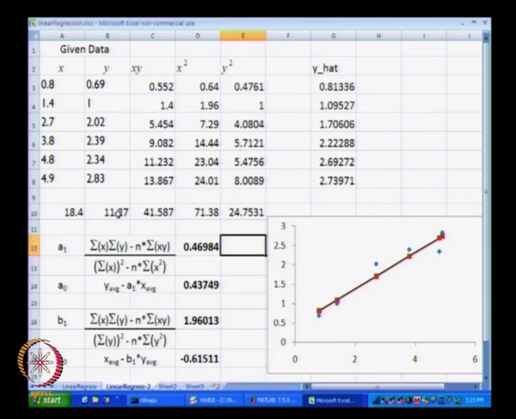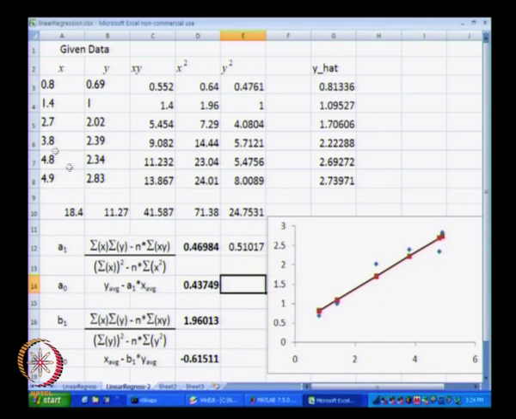Let us find out what values of A0 and A1 we get over here. A1 is nothing but 1 by B1, so equal to 1 divided by B1, which is 0.51, which is different from the previous value that we had obtained, and A0 is nothing but negative B0 by B1.